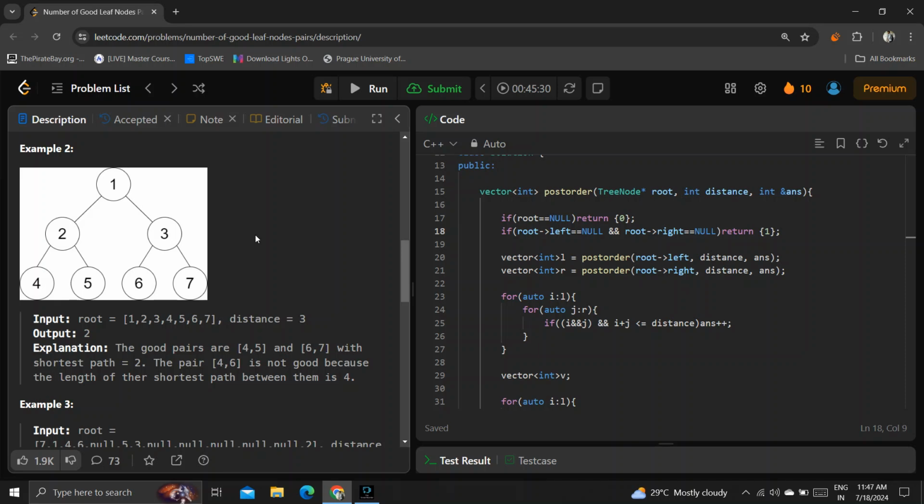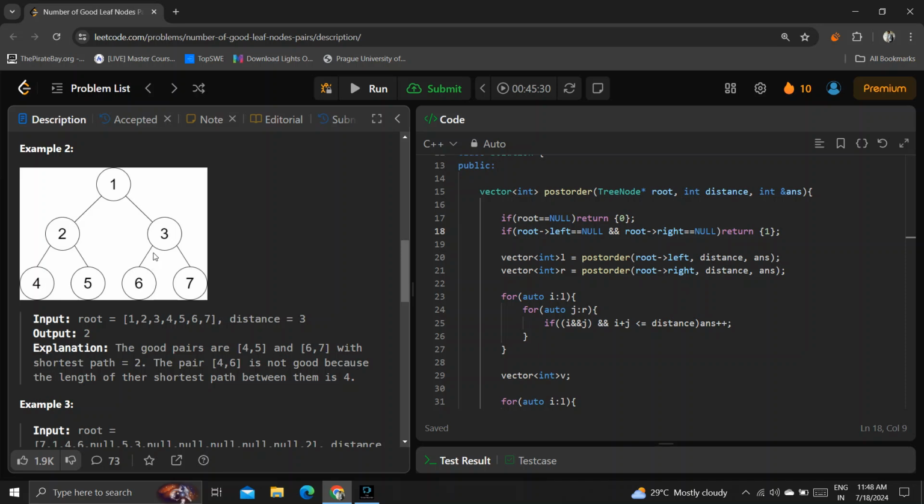Now, see one thing. Basically, what we have to do is keep track of all the paths. Because if the distance value is 10, then this could also be our path. So this path and this path until this root node both have the possibility to be a good pair of paths, because the distance is only 2, which is less than 10.